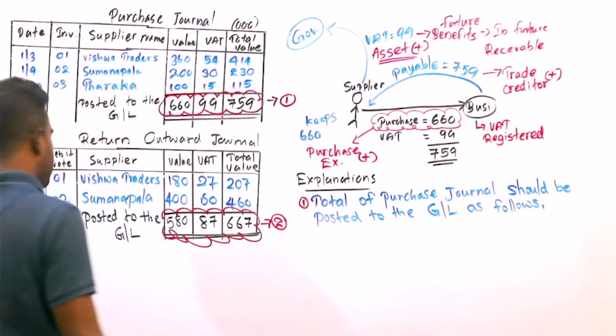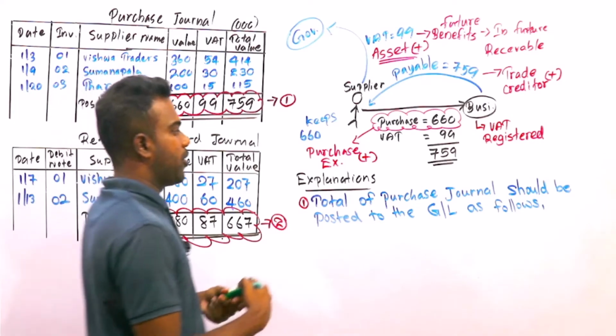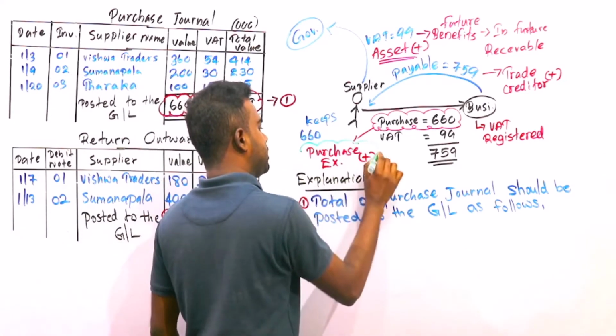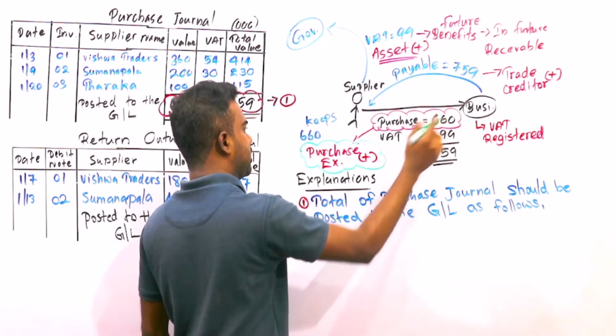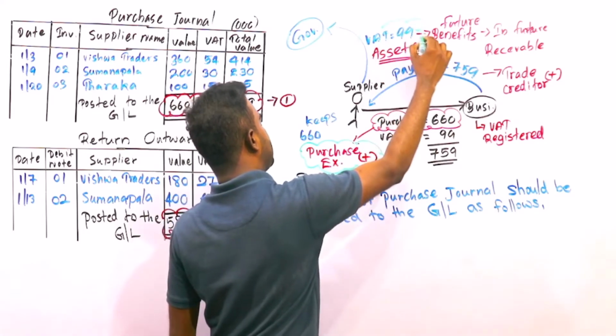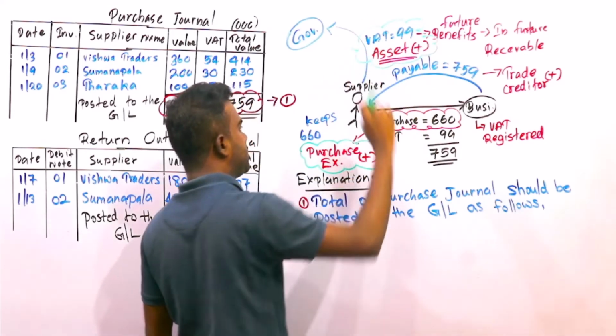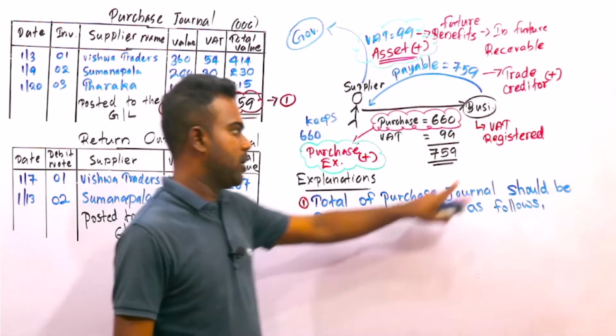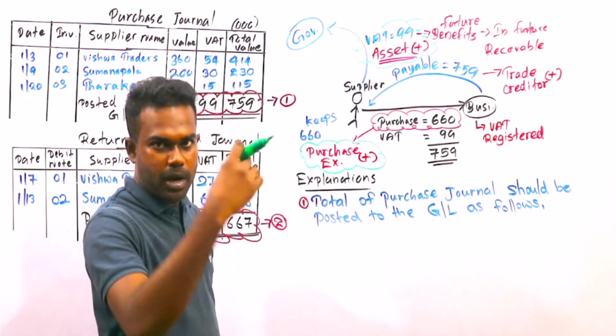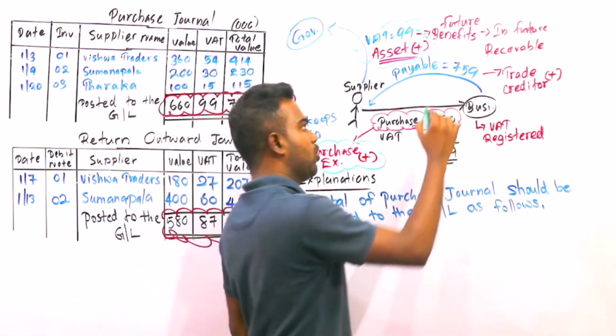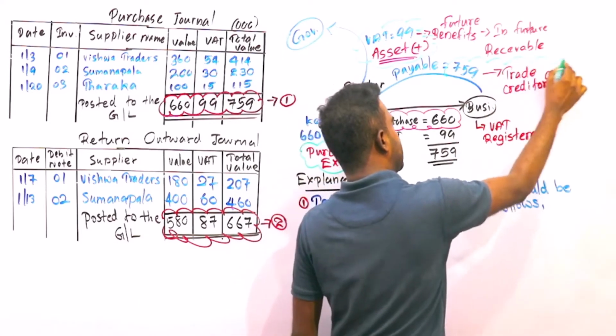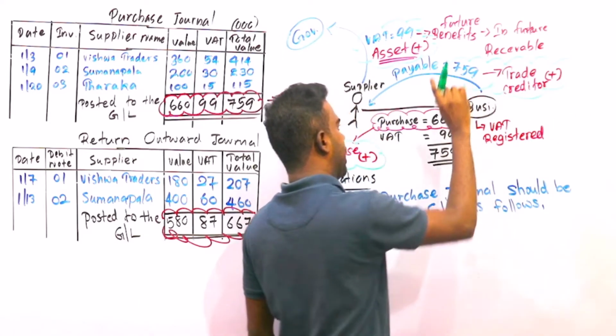Okay, look at the dual impacts. Purchase expense increased by 660. Our VAT asset will be receivable to the business in future because we registered for VAT. And also this amount is a trade creditor, trade liability increase.